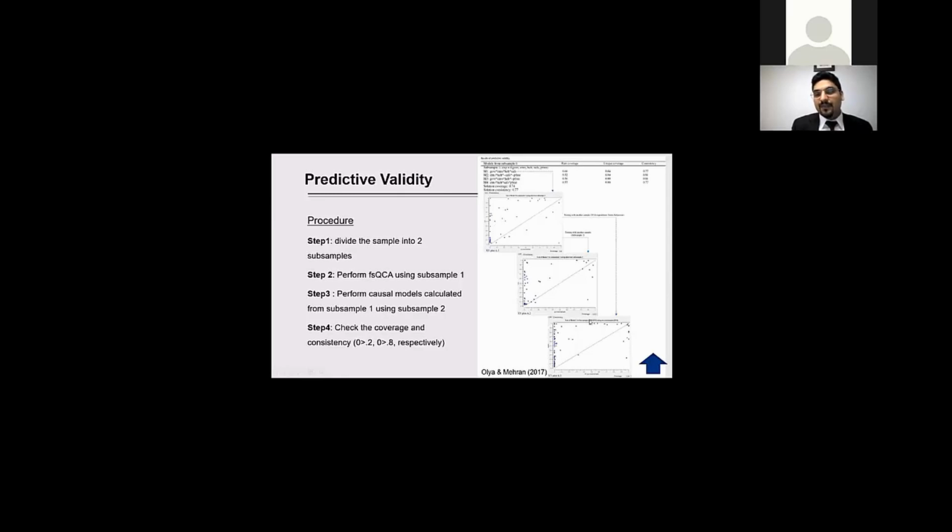You can see three figures. The first is the graph for the models that emerged from subsample 1. The second shows an acceptable level of coverage and consistency for subsample 2. And the last is the graph for the future sample, which is the sample of 2014.